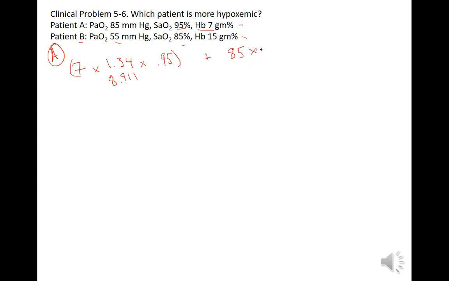Then you multiply times the solubility coefficient, which is 0.003 milliliters of oxygen that can be dissolved in 1 deciliter of blood. And we came up with a number of 0.255.